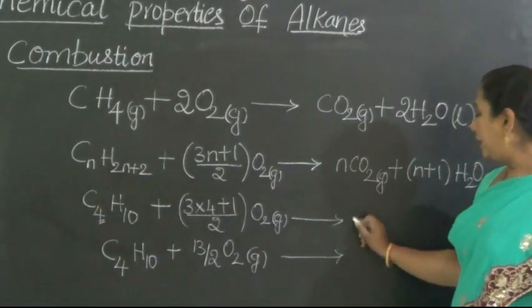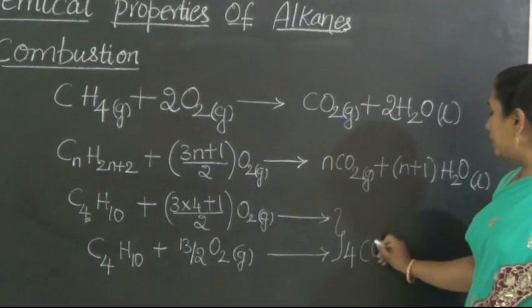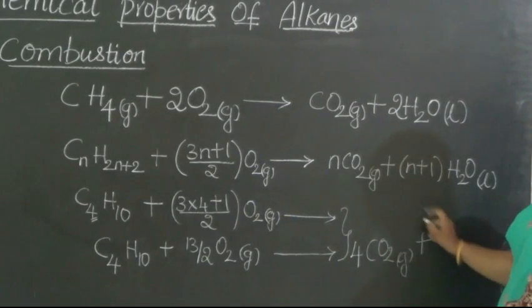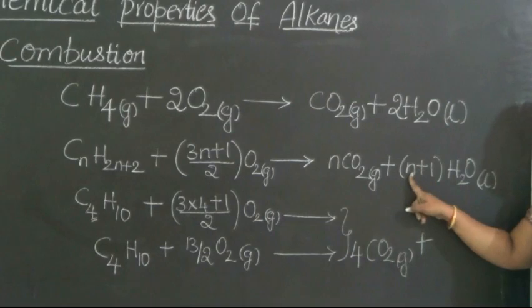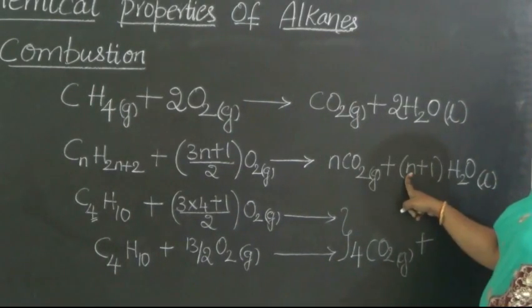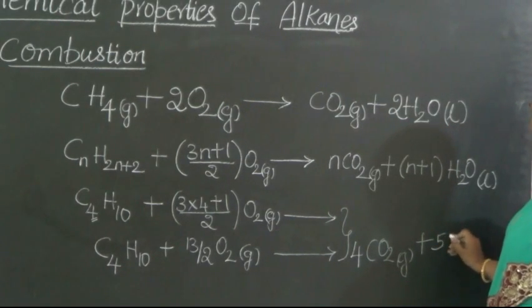So we will end up in the formation of 4 molecules of CO2 gas along with n+1. So n again to be replaced by 4, because 4 number of carbon atoms, plus 1, 5. So 5 H2O liquid.